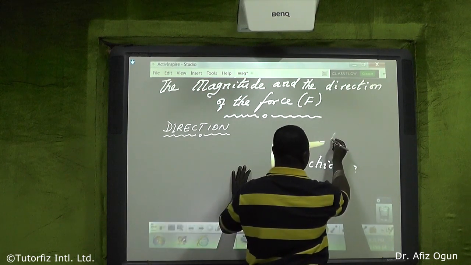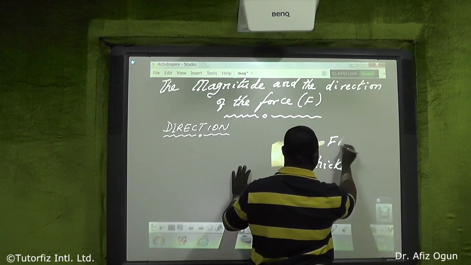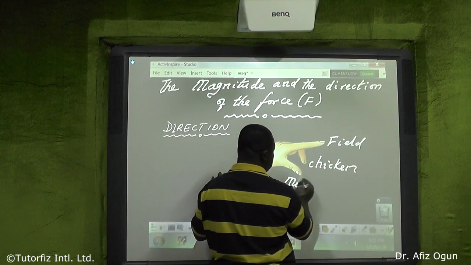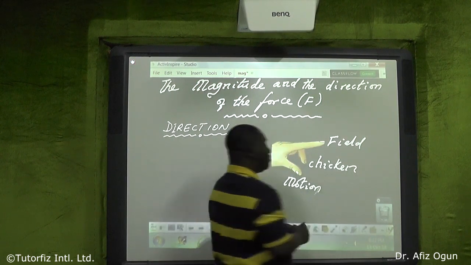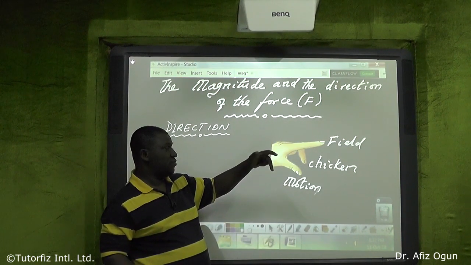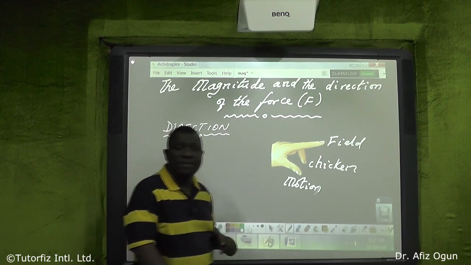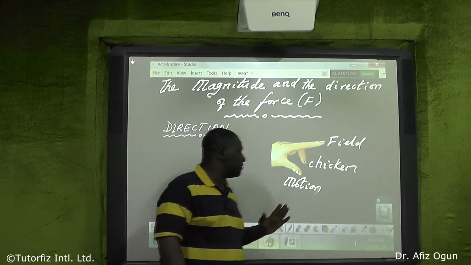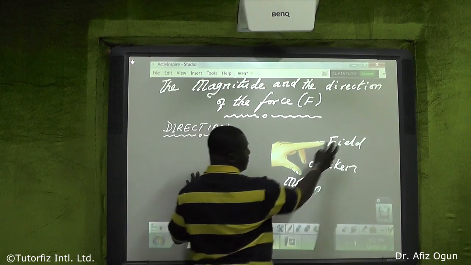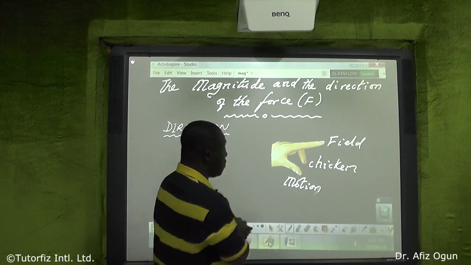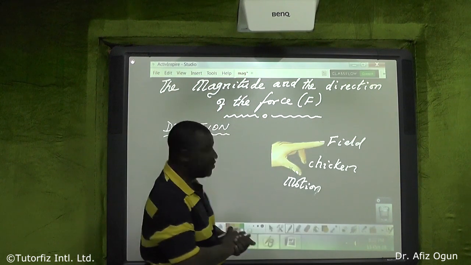Some people prefer to call this one field, because we are talking about magnetic field, and they call this one motion. No problem. It still goes. So McDonald's fried chicken, the way you want to call it, depending on you. Once you remember McDonald's fried chicken and you know which one is which, you can call it anything you want.